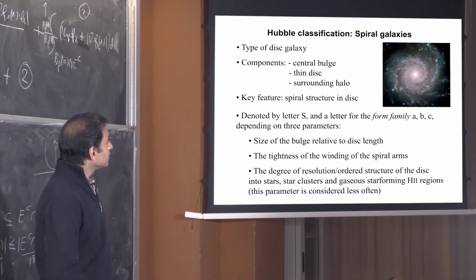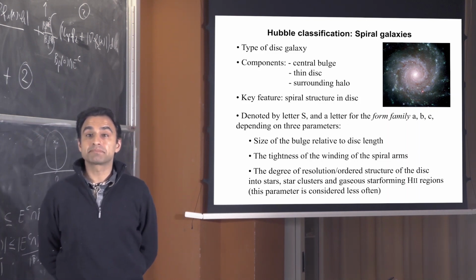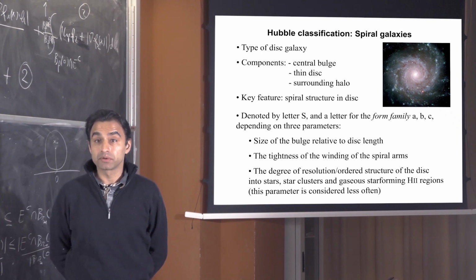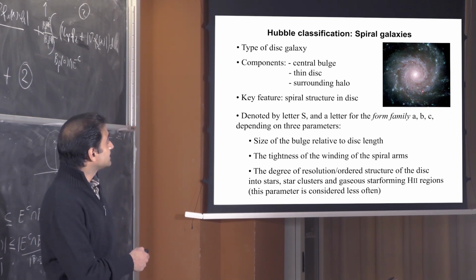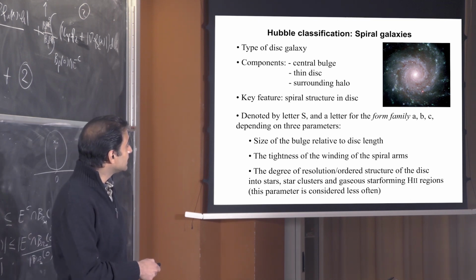Now let's move on to define the third family, which is spiral galaxies, like our own Milky Way. Spiral galaxies, of course, are clearly named this way because they have these spiral arms winding around the nucleus towards the center, and departing from here, they reach the outskirts of the galaxy.